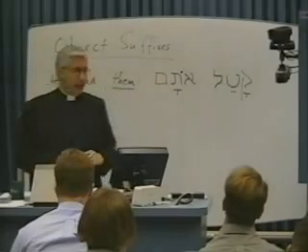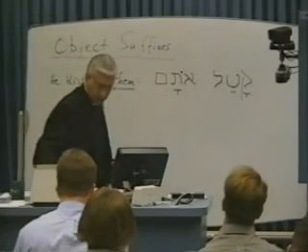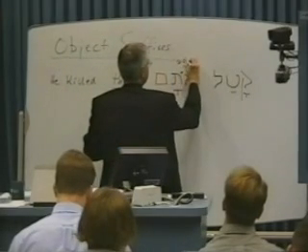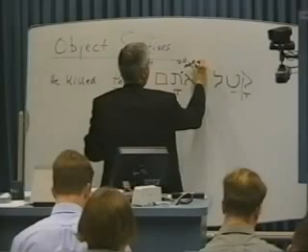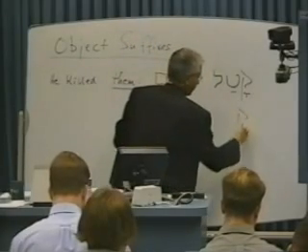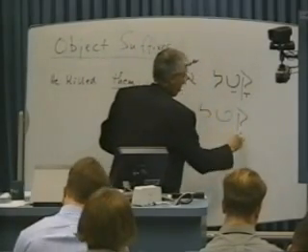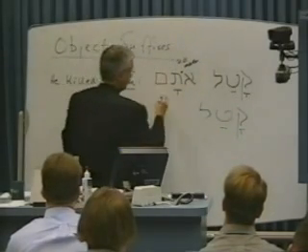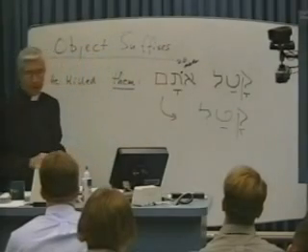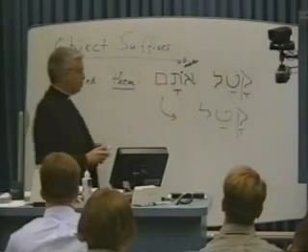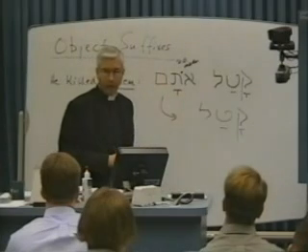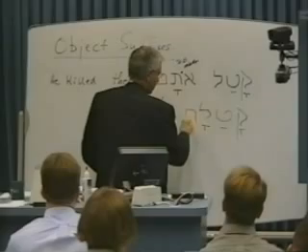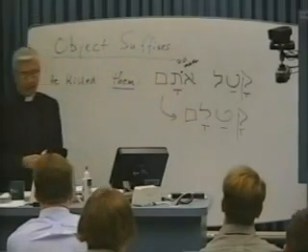And instead of adding the pronominal suffix onto the direct object marker, this is the DO marker, they could take the pronominal suffix and add it directly onto the verb itself, which simply means you take the verb form, in this case katal, and you add the am right on the end of it.